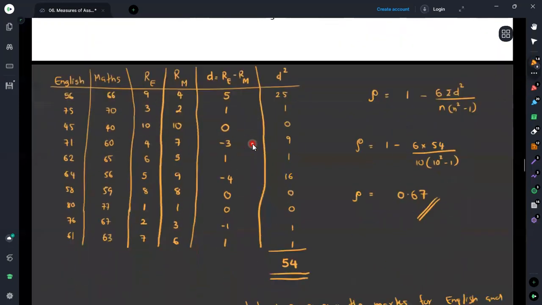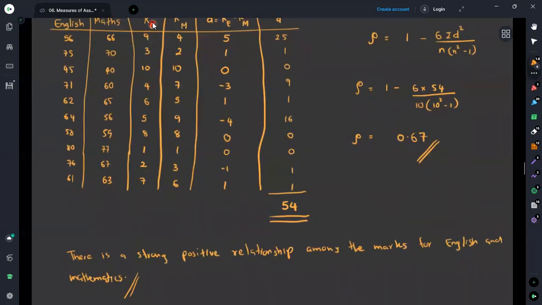So far we have discussed this method for when there are no tied rankings, because here we did not see any equal rankings. Now we'll see how we can perform the calculations if we have tied rankings for the data set given.